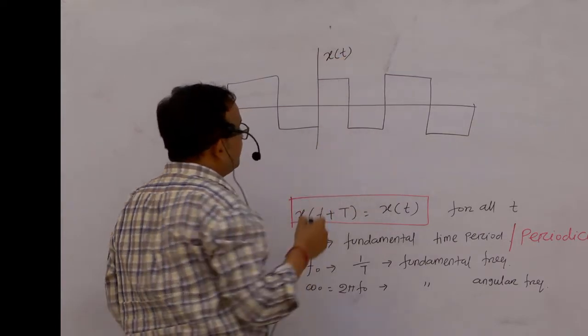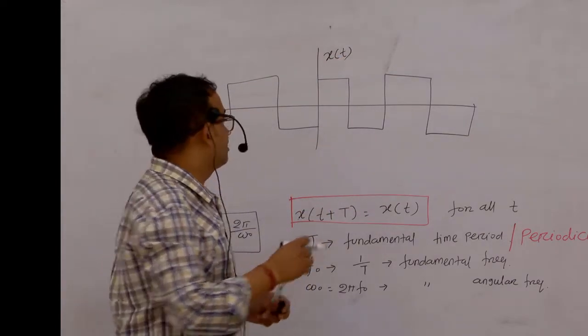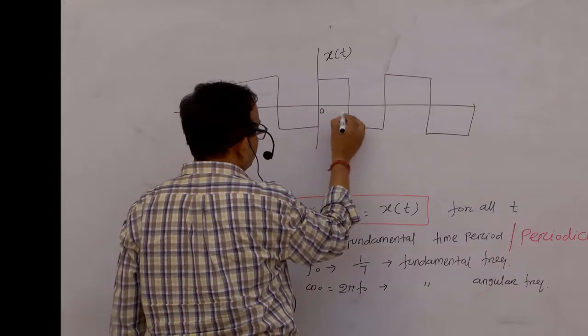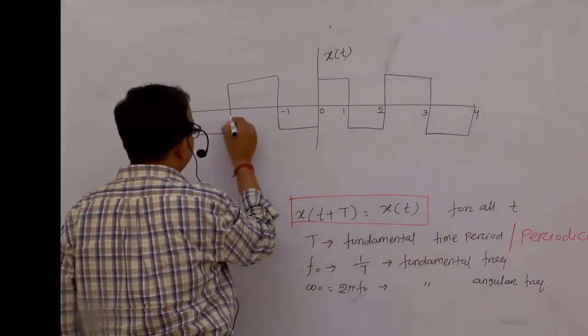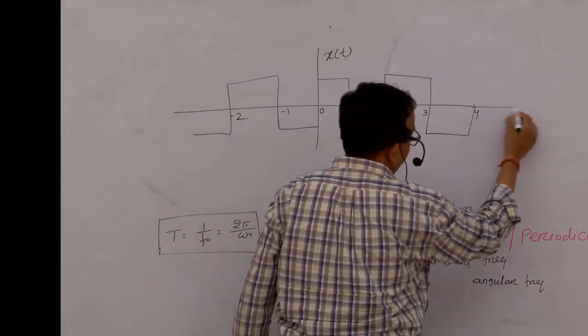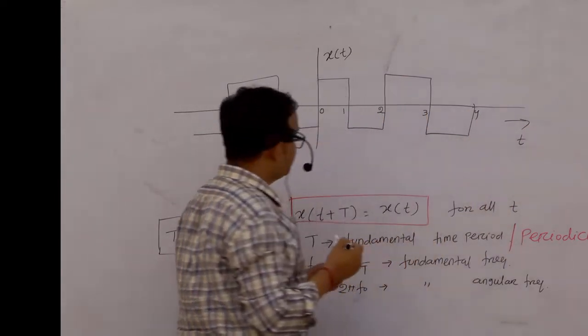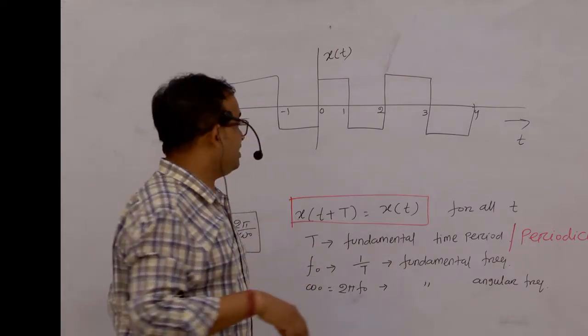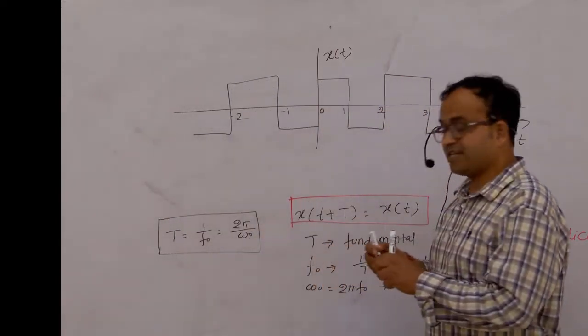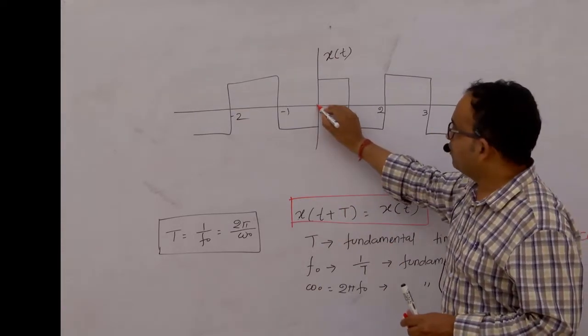Let me take a signal like this. This is x of t, right? I am taking values like this: 0, 1, 2, 4, minus 1, minus 2. This is the time domain. Now see, if anyone asks you what is the periodicity of the signal, you can take it from any instant. Let us start from 0.